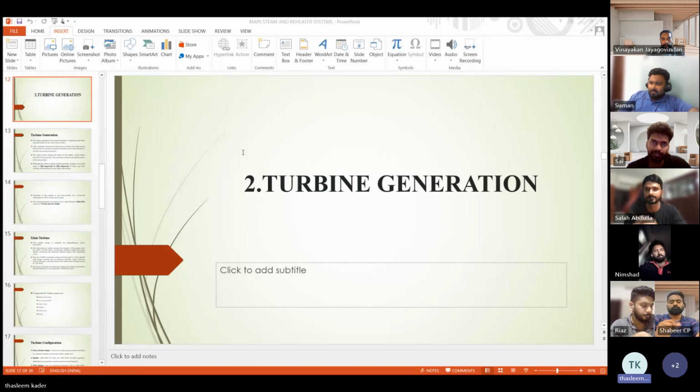I will give you an idea about the use of this high pressure turbine and these three low pressure turbines. If we connect this turbine section into the whole nuclear power plant function, we already learned before that a large amount of heat is produced due to the fission process.